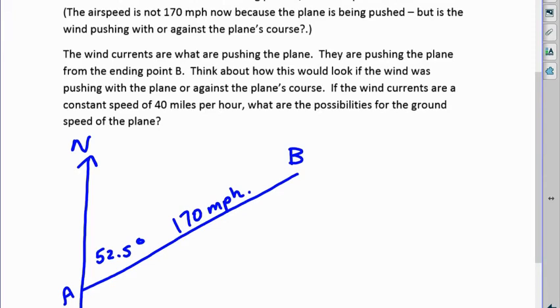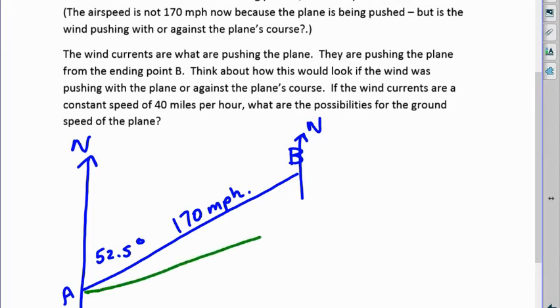So now there's our plane trying to fly at 170 miles per hour, trying to fly at a course of 52.5 degrees. Here's my other north arrow whenever my plane stops. But in fact, we realize that our plane is not flying at 52.5. The plane is really flying at 64.1.